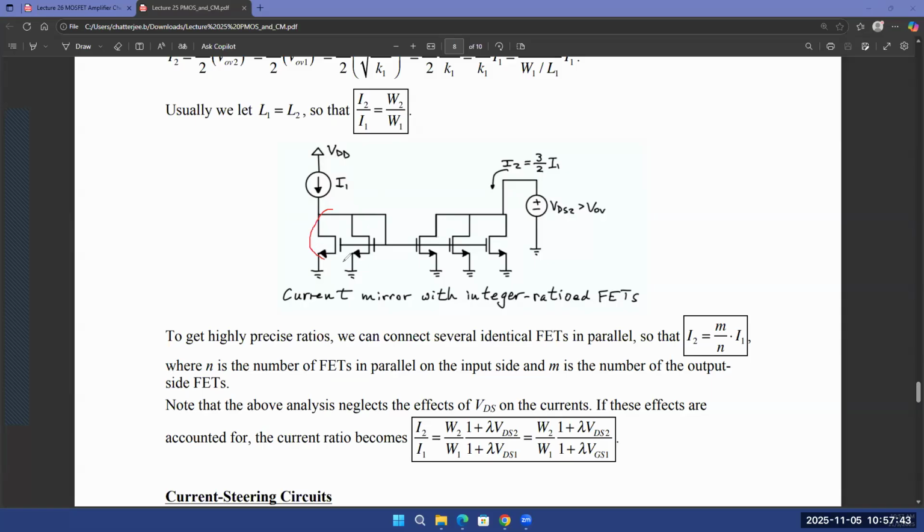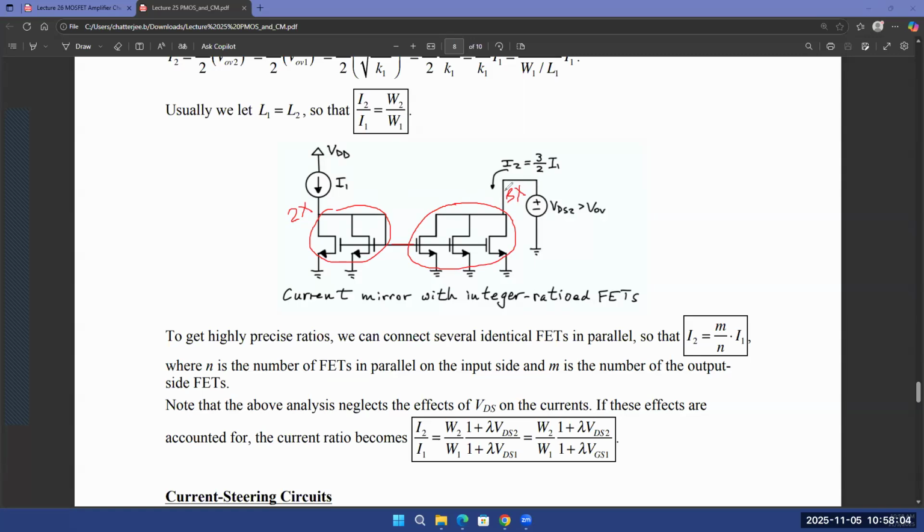So if you have two of these transistors in parallel on the left side, and on the right side, instead of just one transistor, you put three of these transistors in parallel, that means if 2x the amount of current is flowing through the left side branch, 3x the amount of current is going to flow through the right side branch.